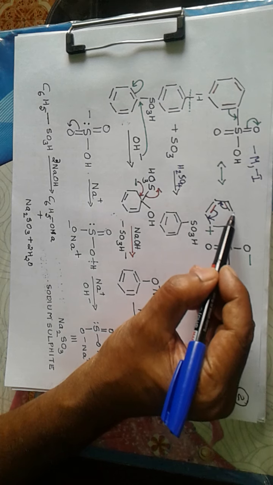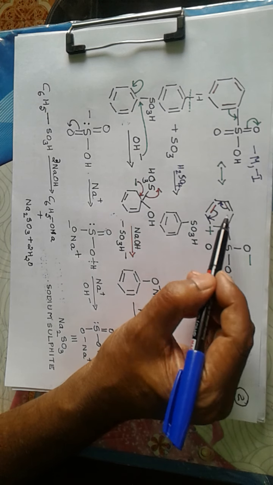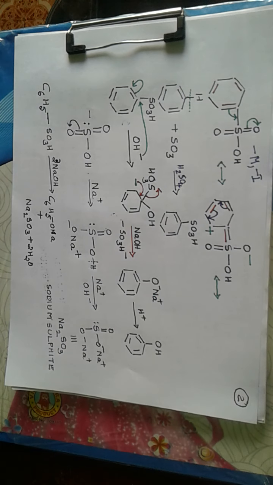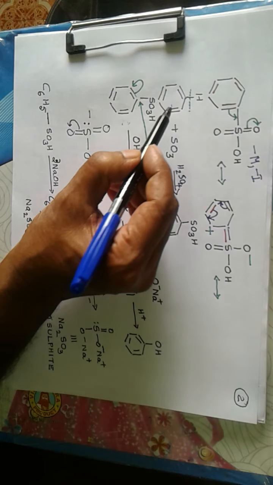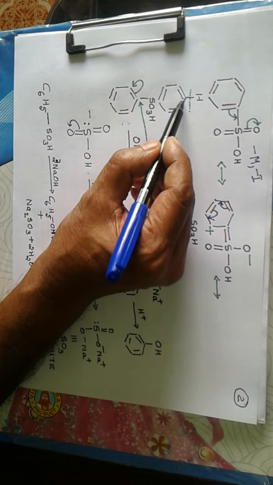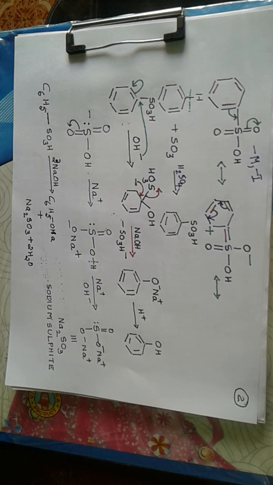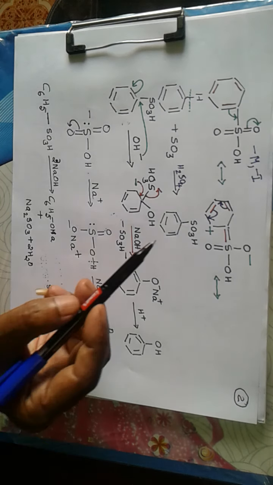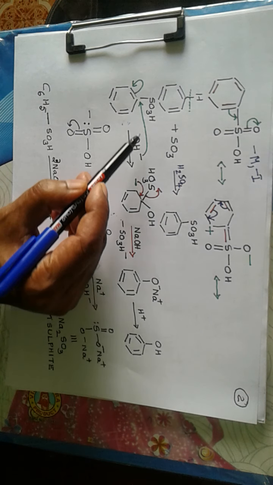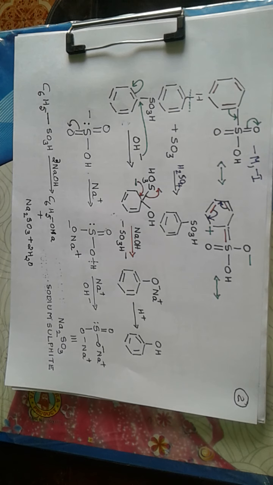Already we know the ortho and para positions have positive charge. By minus I effect, this point may have a slight positive charge. So electron density is withdrawn from the ring, making the ring deficient in electron density, so that a nucleophile, OH negative, can attack this structure.